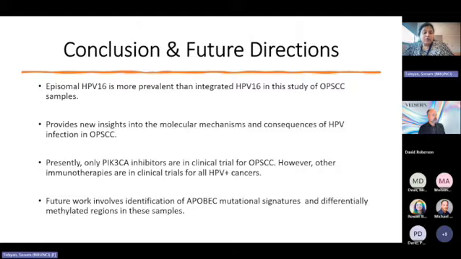My further work involves identification of APOBEC mutational signatures and identification of differentially methylated regions.